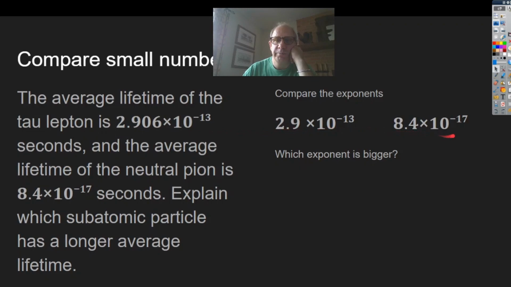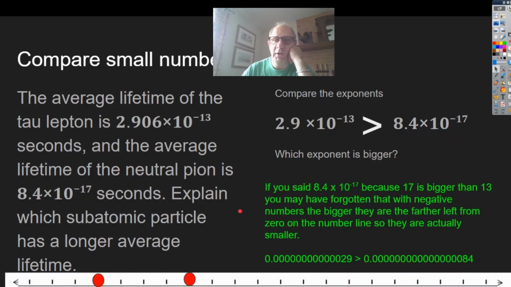Which one? This is 2.9, this is 8.4. You're going to think 8.4 is bigger, but we've got 10 to the negative 13 and 10 to the negative 17. Which exponent is bigger? Negative 13 is bigger than negative 17, right? So we have to take a look at this.